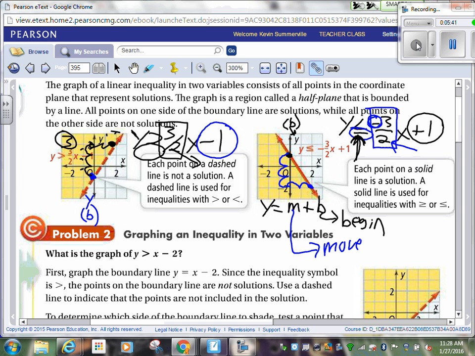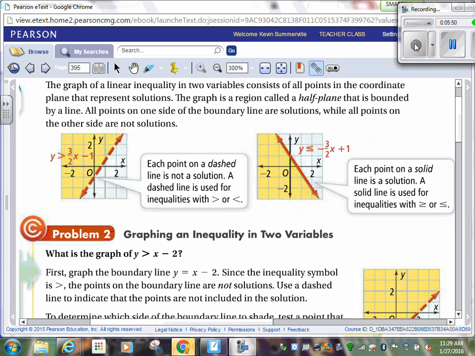So that's why it is dashed. Now the only thing that's new from before is this shaded area is yellow. This shaded area is yellow. How do they do that? Well, let's take a look at problem 2 to really go over how they decided to make that yellow.